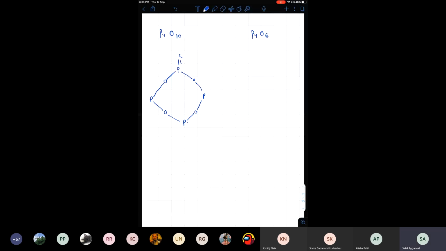Give double bond O to all. Now two oxygen left. Join them like this. Understood?